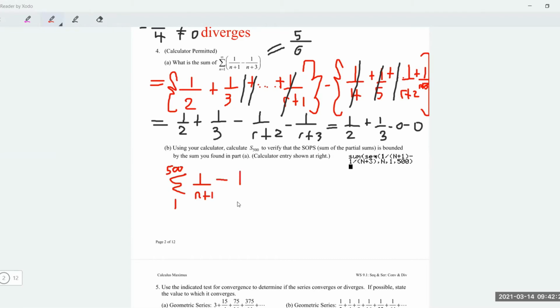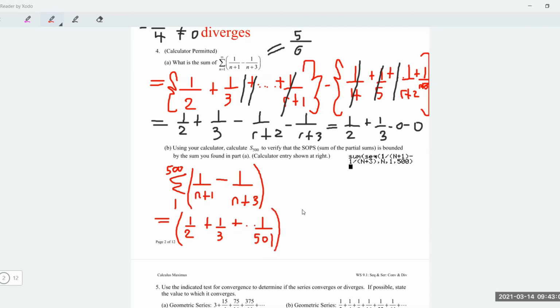Evaluating this, when you put in from 1 to 500 for this side, we know we're going to get 1 over 2 plus 1 over 3 plus all the way up to, putting in 500, the last one going to be 1 over 501. Good. Now close that up.